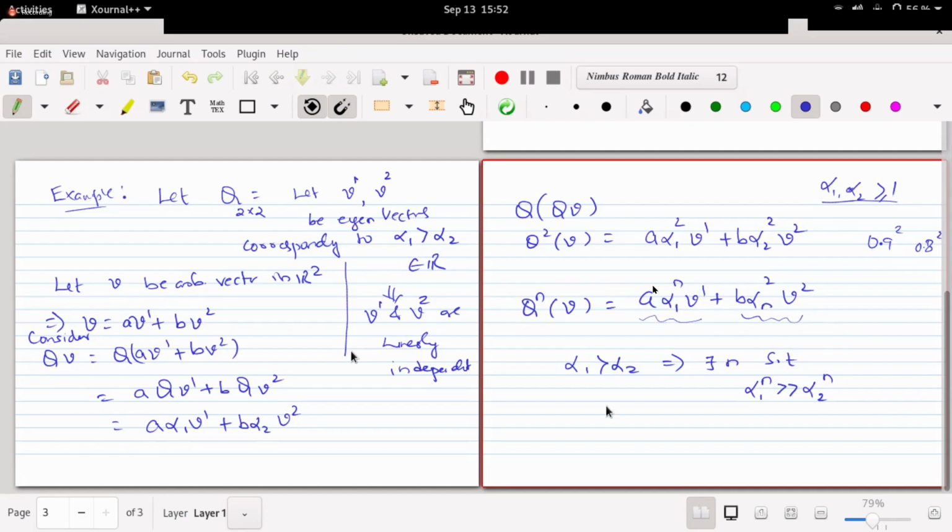So you are indirectly computing Q^n V, which will become A times alpha 1^n, very close to the V1 axis. So that is why that largest eigenvector computation is not a difficult task.